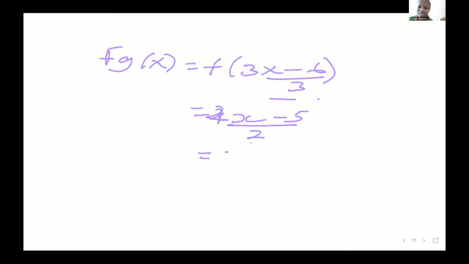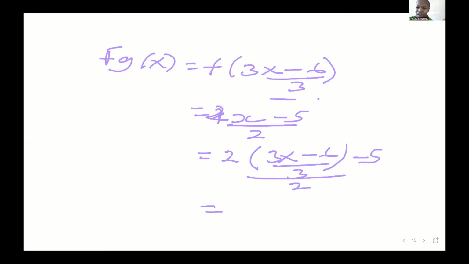This will be 2 into 3x minus 6 out of 3, minus 5 out of 2.